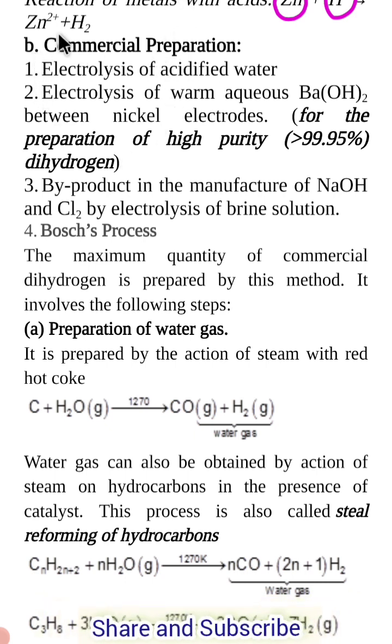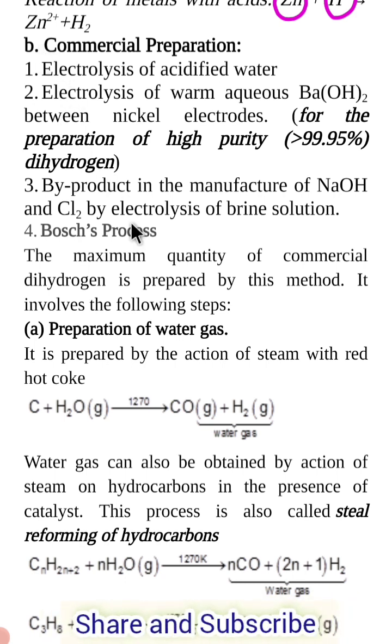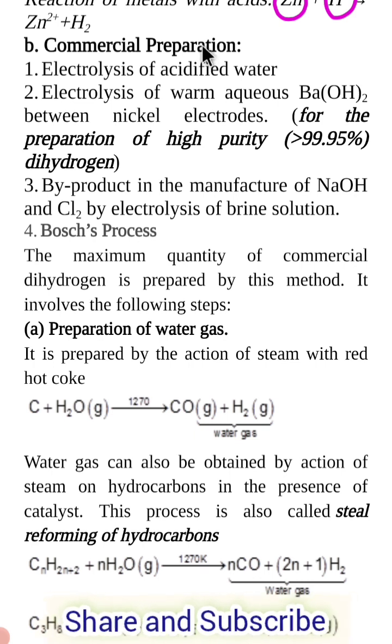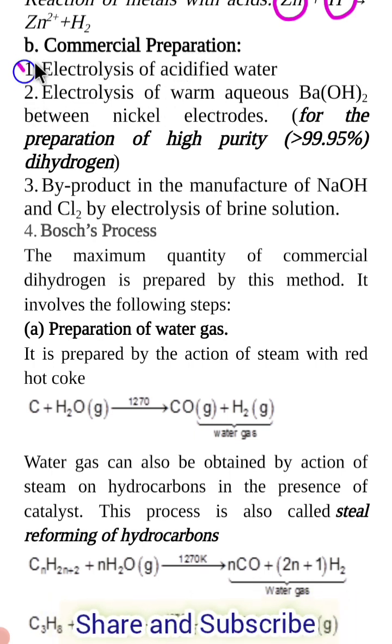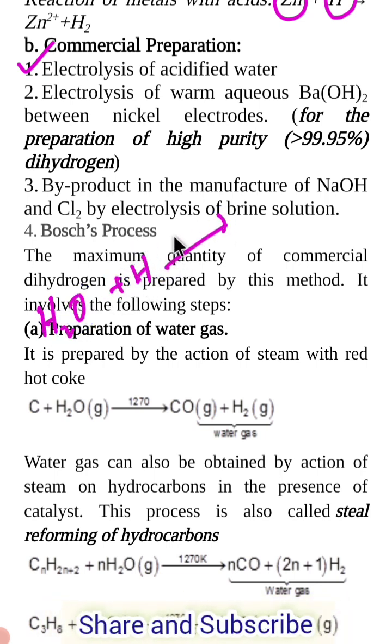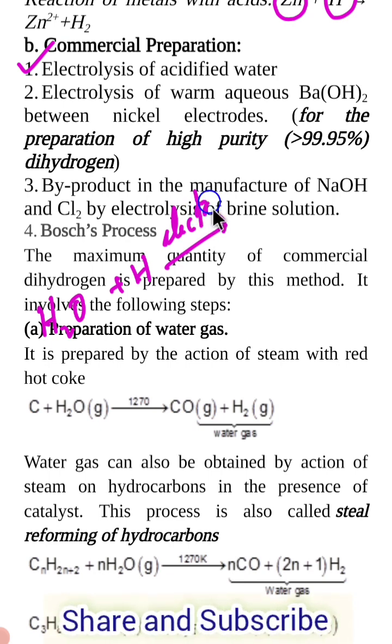And commercial preparation, which is the large scale preparation of hydrogen, is called commercial or industrial preparation of hydrogen. The first one is electrolysis of acidified water. This is our water, and in the presence of an acid, it is electrolyzed.